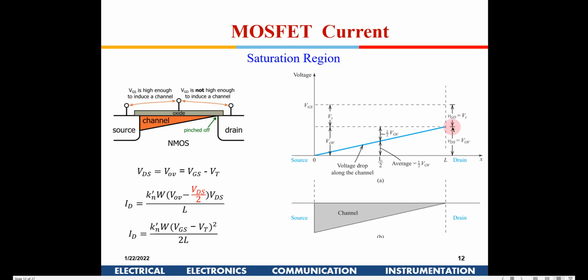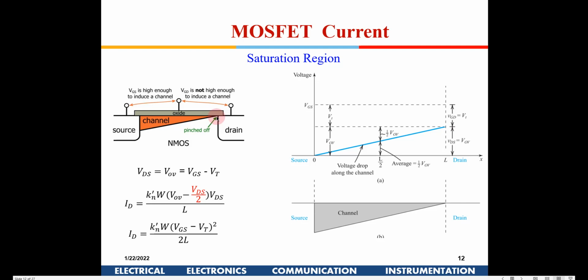This line has completely reached this junction where it is VD. If you increase further, it will be less than VT here, so this channel gets pinched off. This is known as the pinch off region, and the MOSFET has reached the saturation region. Until then, if you keep increasing VDS, you will get higher current, but here the channel gets pinched off, and no further increase of current is possible.